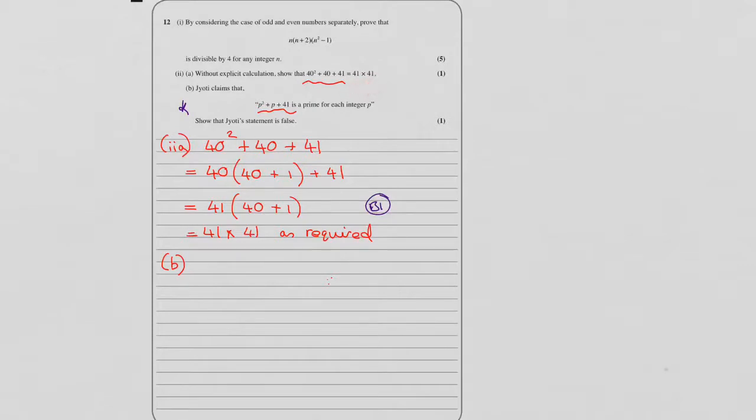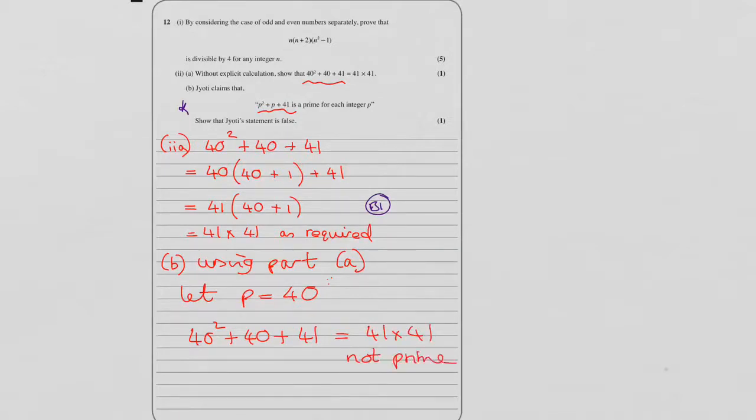So she's not right. So using part A, let p equals 40, and what you get is that 40 squared plus 40 plus 41 is actually 41 times 41, which is clearly not prime.